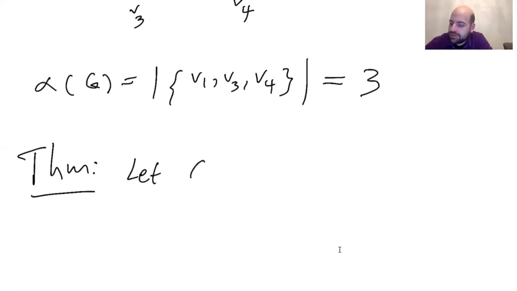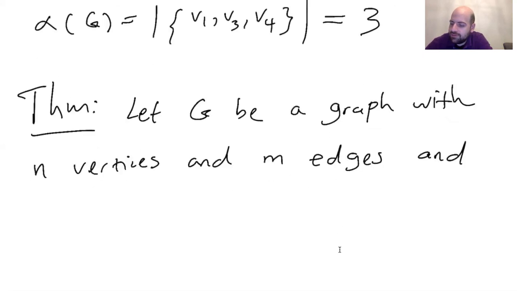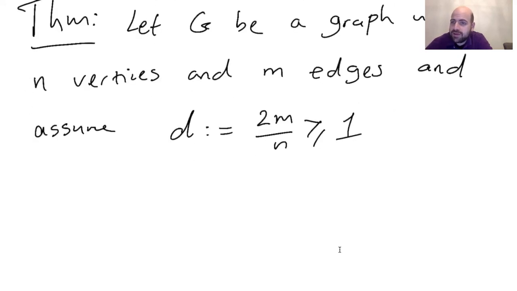Let G be a graph with n vertices and m edges, and assume that d, defined as 2m over n, is bigger than or equal to 1. So there is an assumption in this theorem that d, which is 2m over n, is bigger than or equal to 1. Now, what is d?